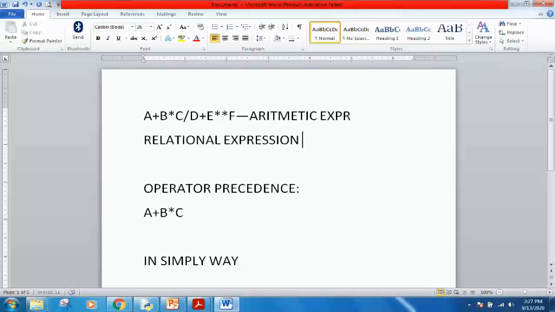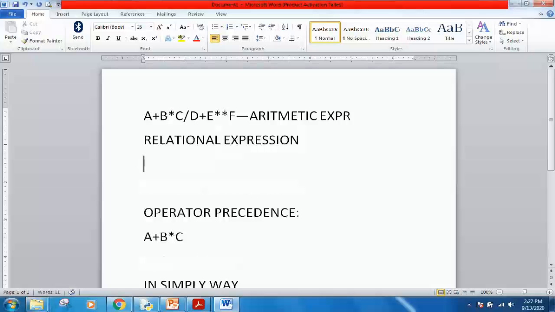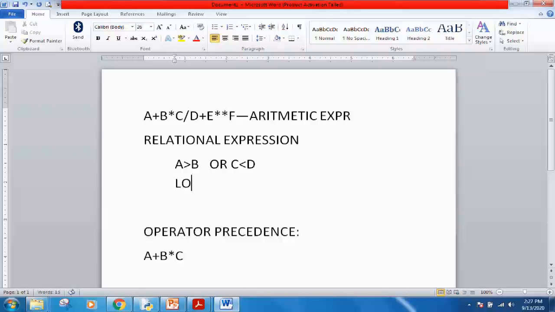Relational expressions are those expressions which result into a boolean value, like a greater than b, or c less than d. It means any statement written using the relational operators is known as a relational expression. And the third one is logical expressions.